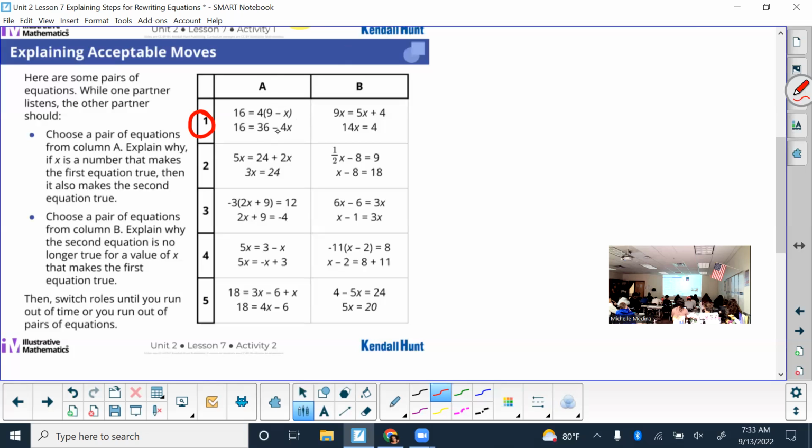You can explain why. Then for the pair of equations from column B, you're going to explain why the second equation is no longer true. So explain why x is true for both in column A, and then in column B, explain why x is not true for both.